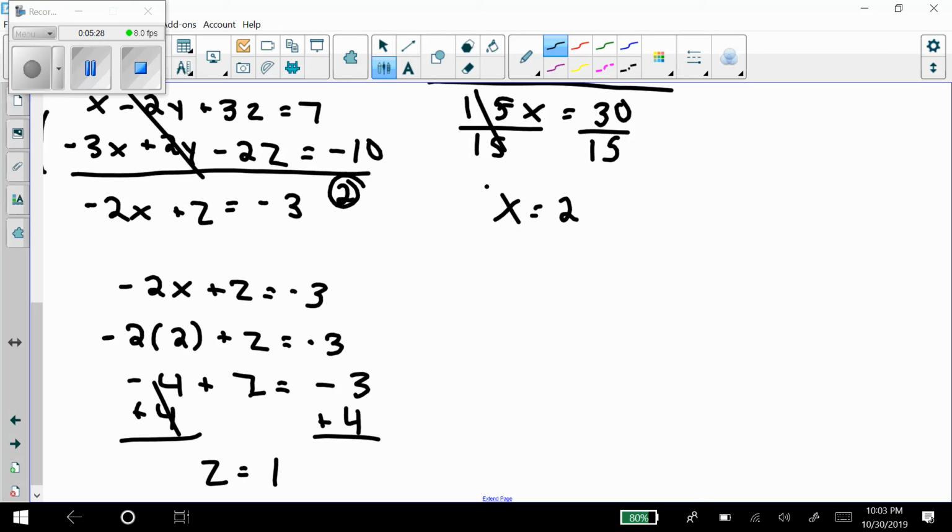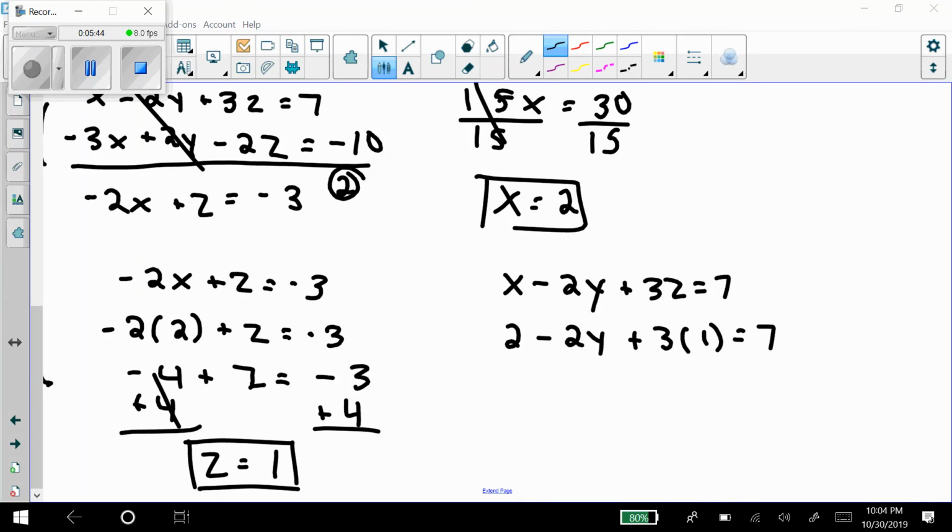So we have x, we have z, and now we're going to move up one more level, right back up to the system of 3 equations with 3 unknowns, and I'm going to substitute in to those to get my y value. So all I did was just substitute in x, which is 2, and then z, which is 1.